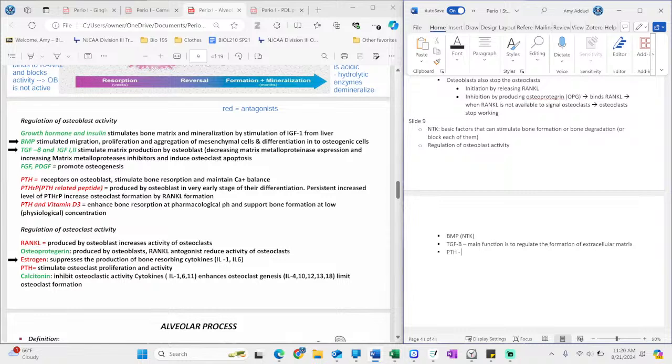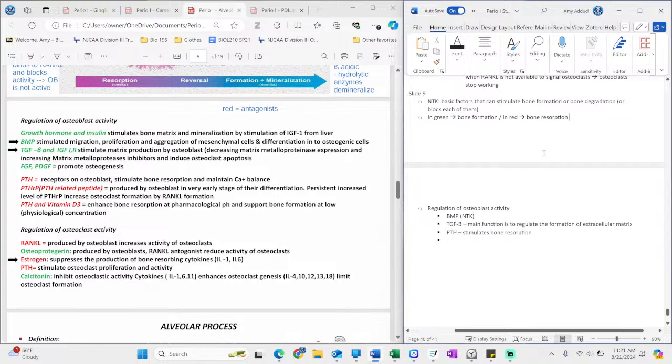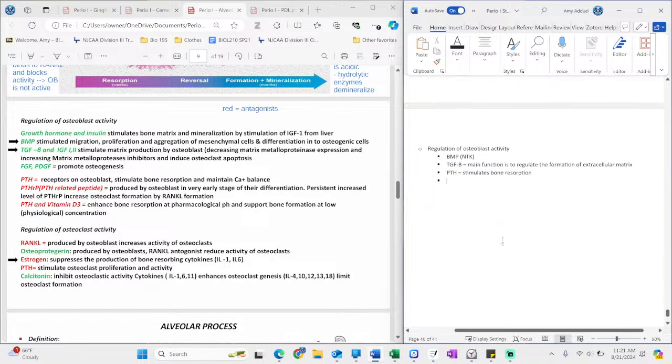This hormone stimulates bone resorption. Okay? So everything that is in green promotes bone deposition. Everything that appears in red promotes bone degradation. So parathyroid hormone is one of the main hormones involved in promoting bone degradation. Okay? And all of these act on the osteoblast.